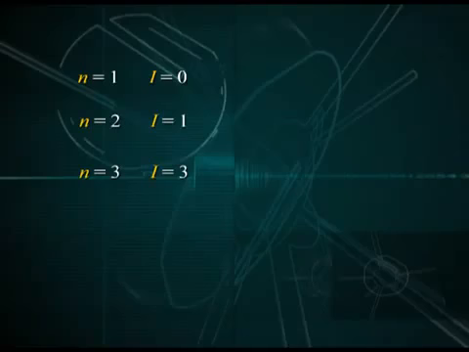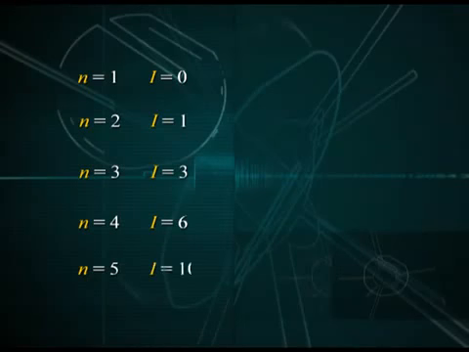When n is equal to 2, I is 1. When n is equal to 3, I is 3. When n is equal to 4, I is 6. When n is equal to 5, I is equal to 10.